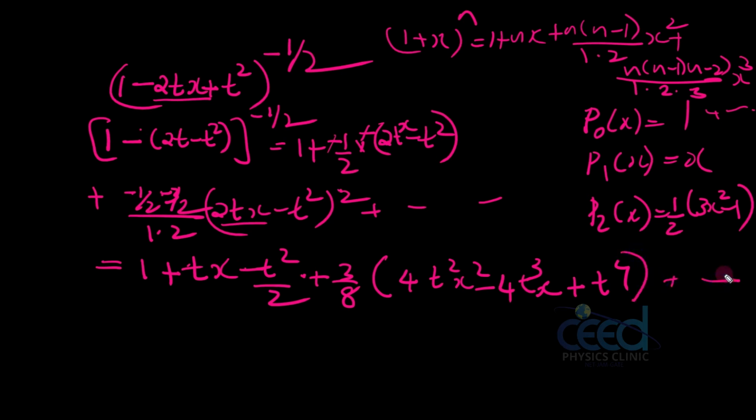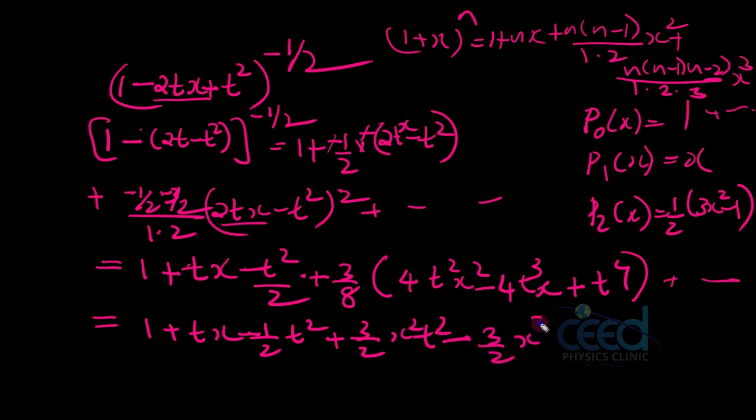And plus etc. So finally I can write this as 1 plus tx minus half t square plus 3 by 2 x square t square minus 3 by 2 x t cube, right? Here it is x t cube. Okay, so x t cube plus 3 by 8 t raised to 4, etc.